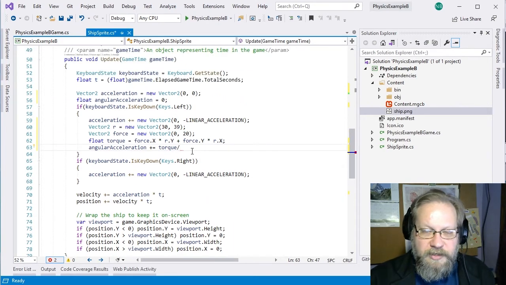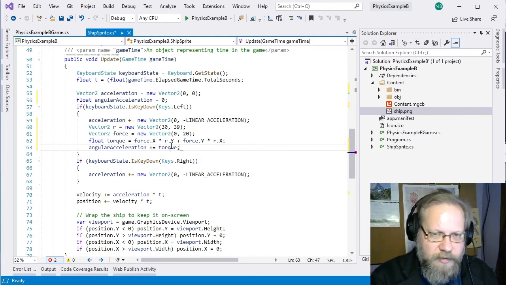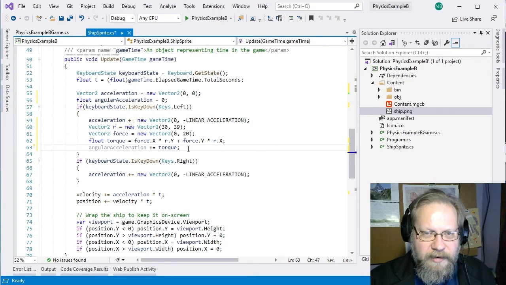So the moment of inertia is the equivalent of mass for angular force effects. It basically is how much this ship is going to resist being turned. And what we'll do is we'll actually just assume it's 1, and we'll account for that just in the strength of our force. We could also actually calculate it out and not try to account for it that way. That's fine.